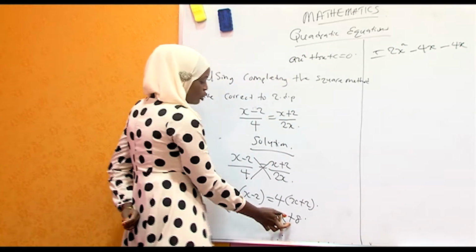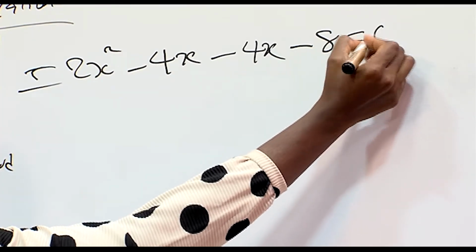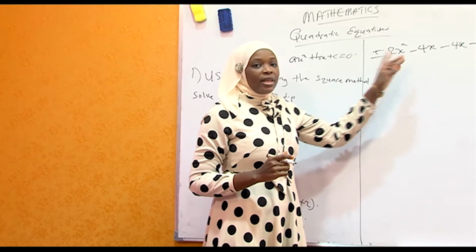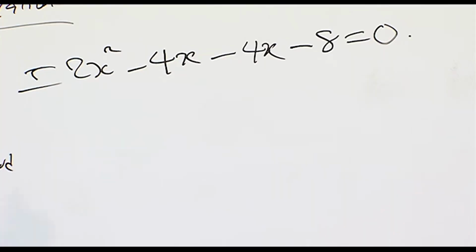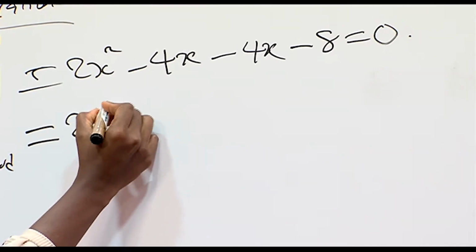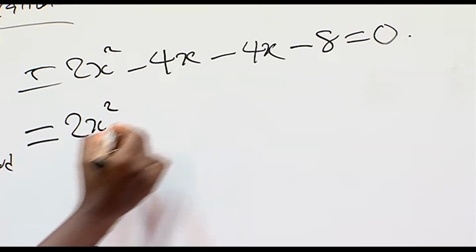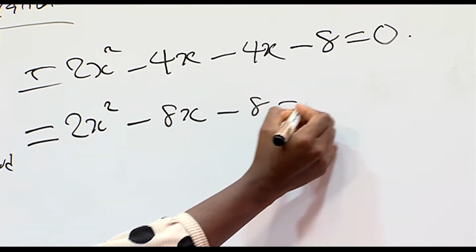Bringing this 8 also to the other side, we have minus 8, all equals to 0. You see that we are almost achieving this quadratic equation, but we are not there yet. So let's continue evaluating. So we have 2x squared, minus 4x minus 4x gives minus 8x. You have minus 8x and you have minus 8 equals to 0.